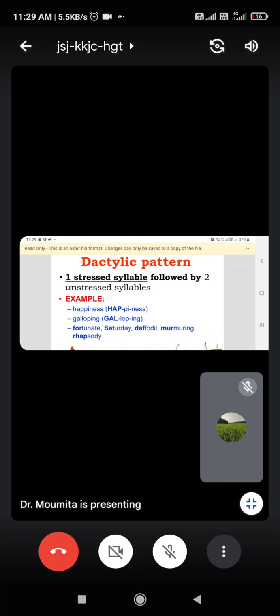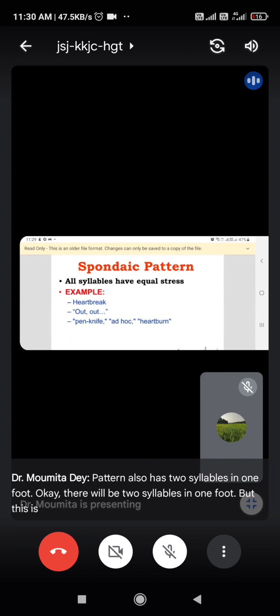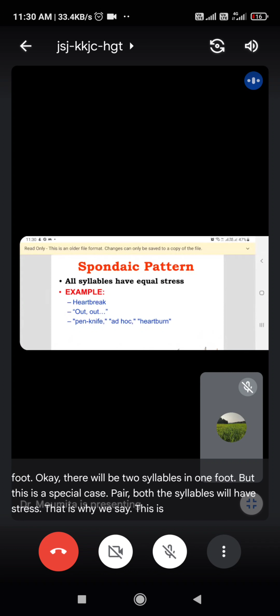Spondaic pattern also has two syllables in one foot. Okay, there will be two syllables in one foot, but this is a special case where both the syllables will have stress. That is why we say this is a special case.